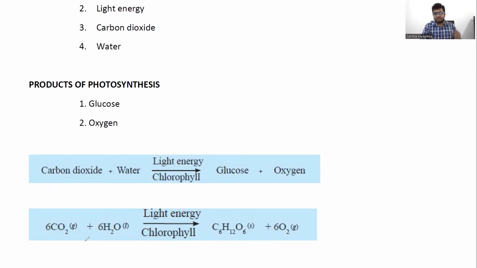So why have they mentioned 6 here? This is when we balance the chemical reaction. You have learned the balancing of chemical equations in grade 10. So we have balanced this chemical equation to get 6 CO2, 6 H2O, and with chlorophyll capturing light energy, it produces C6H12O6, which is glucose, and 6 O2, which is a gas.